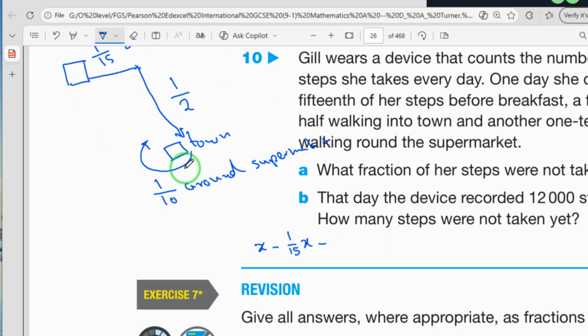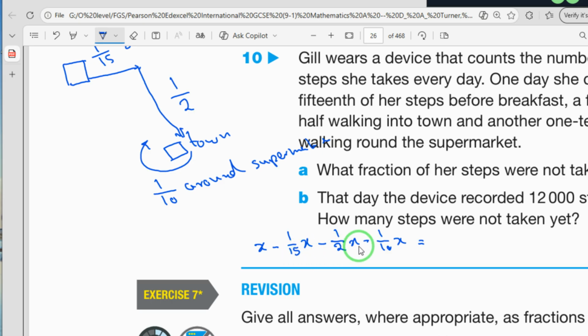Here we have half, 1/2 x, walking to a town, and minus 1/10 x around the supermarket. Now we simplify this fraction.